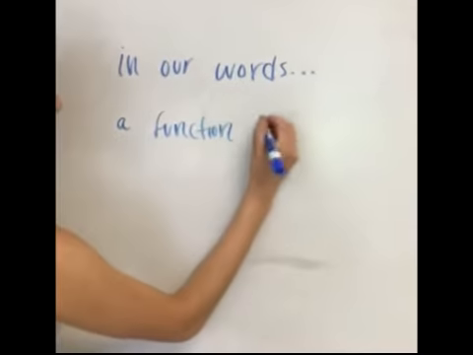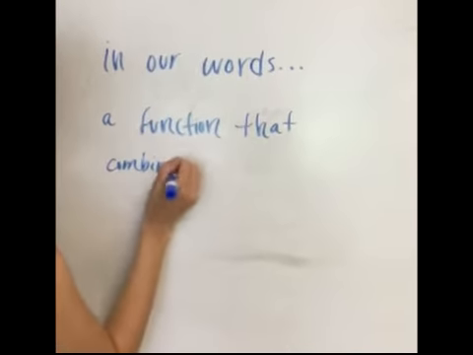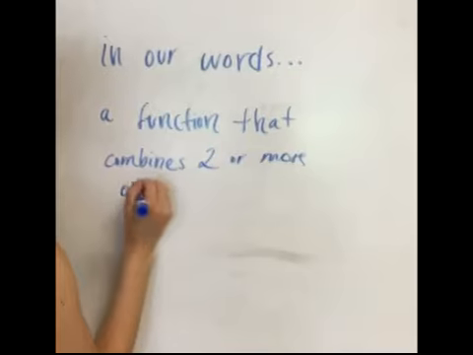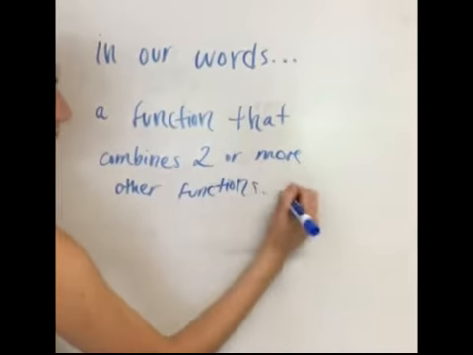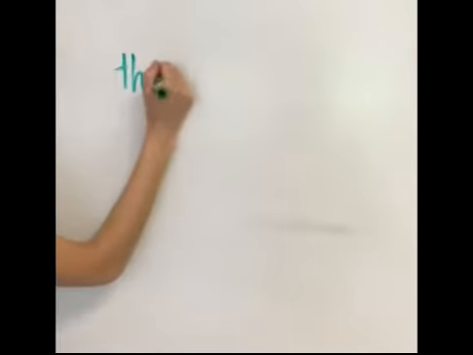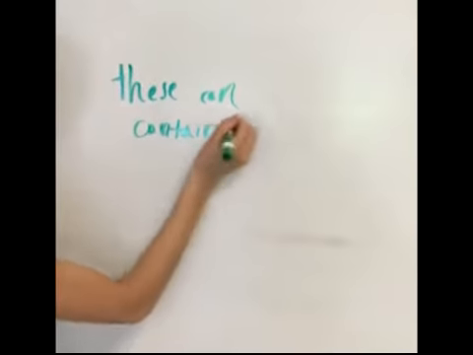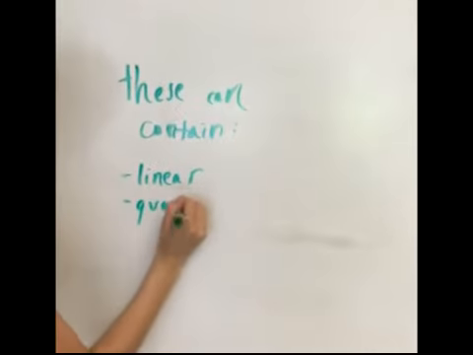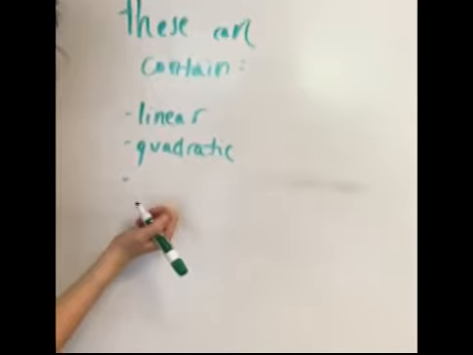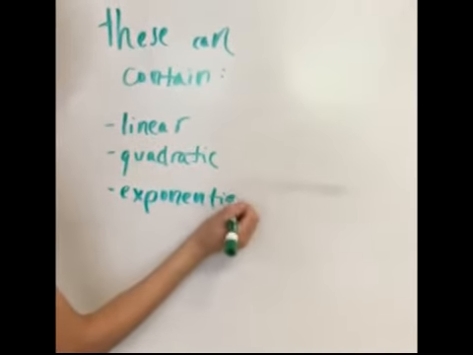The simpler definition we came up with was a function that contains two or more other functions. Essentially, these could contain any number of functions. These include exponential, linear, quadratic, etc.